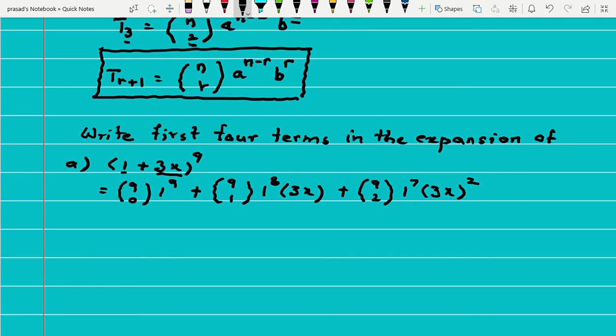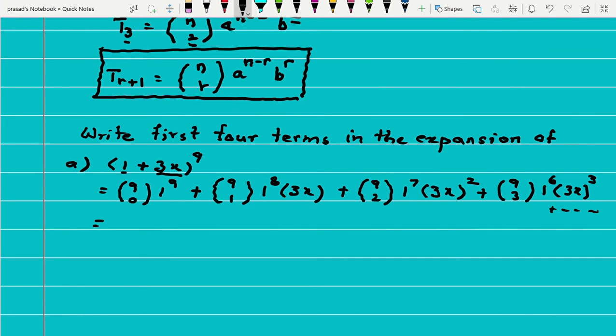The fourth term will be 9C3, 1's power will be 6 and 3x to power 3, and so on.